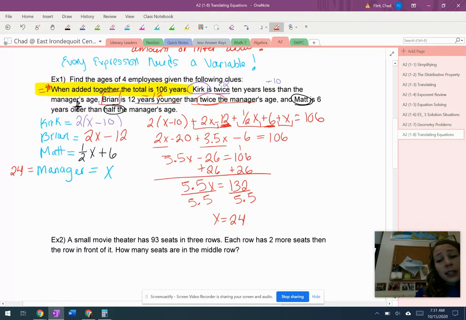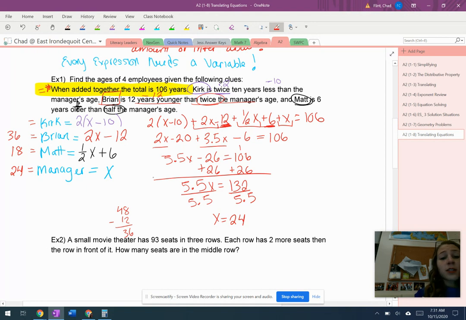And Matt is 1/2 of the manager, which half of 24 is 12, plus 6 is 18. Brian, 2 times 24 is 48. 48 minus 12 is 36.